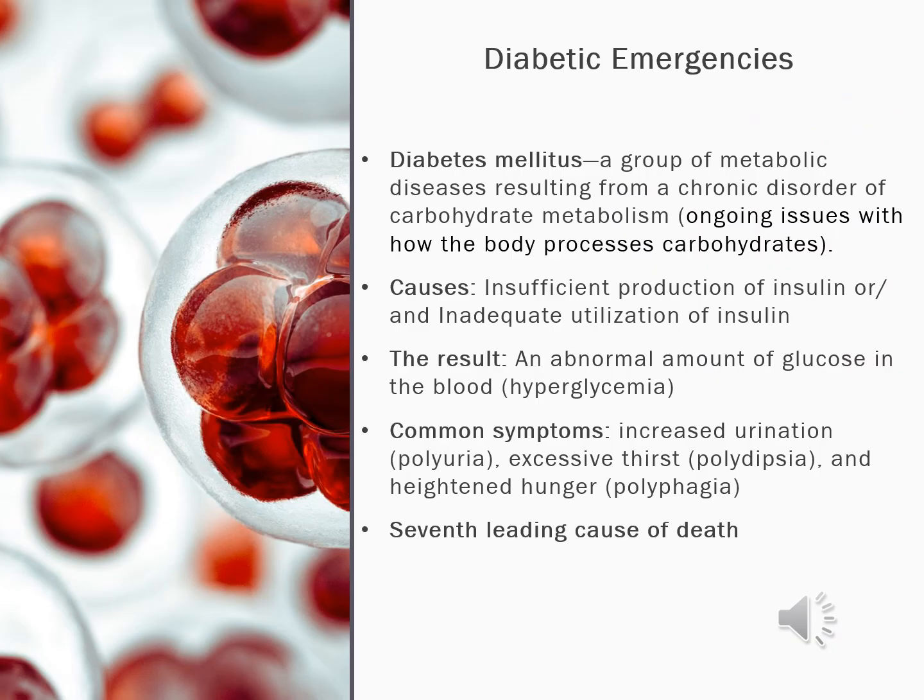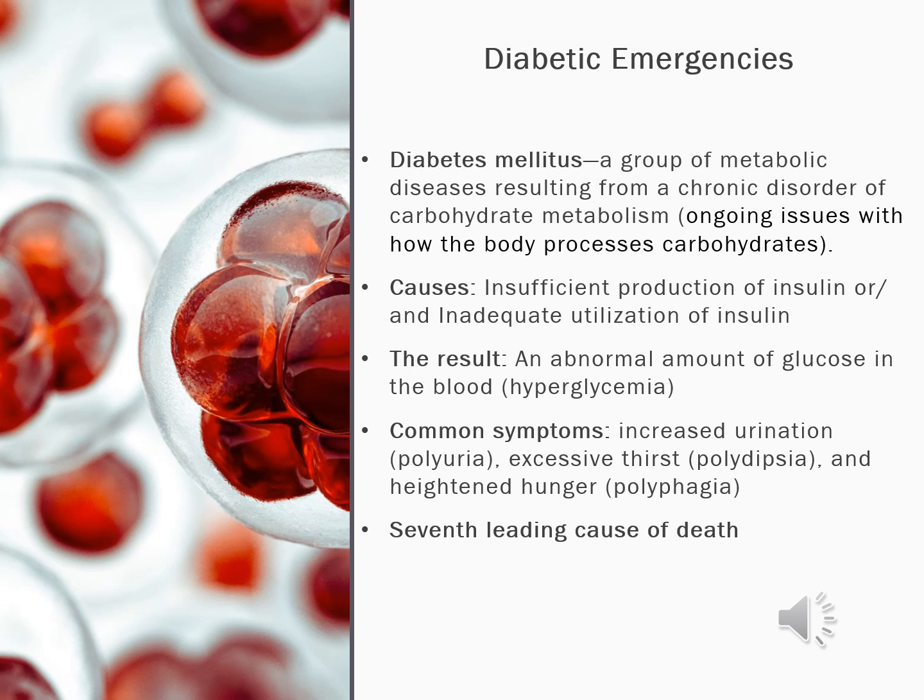Diabetic emergencies are common among the population. Diabetes mellitus is a group of metabolic disorders resulting from chronic issues with how the body handles carbohydrates. It occurs due to either insufficient production of insulin or the body's inability to use insulin effectively.